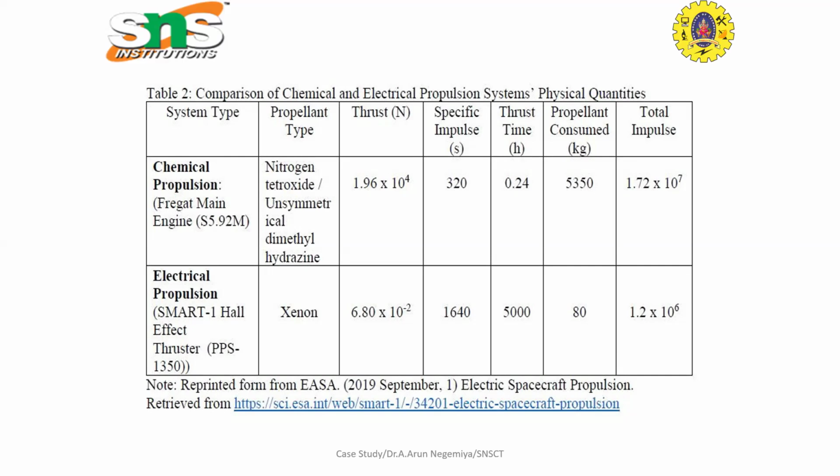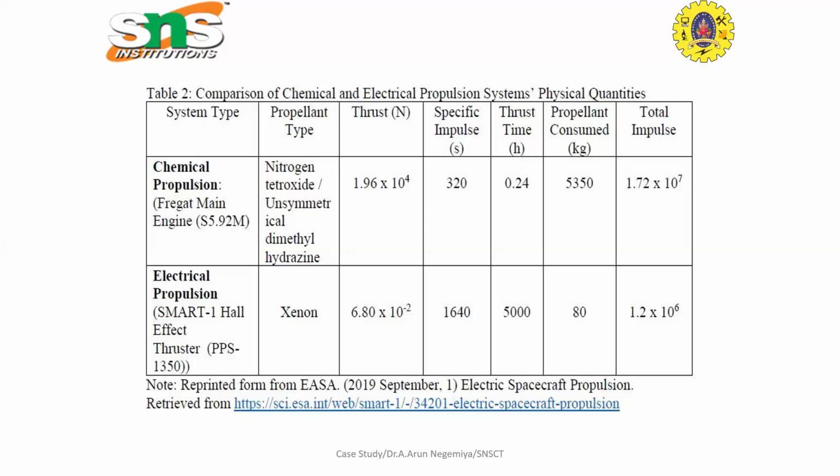These are the gases utilized for chemical propulsion. For the electrical propulsion system, they use batteries only, like xenon battery, lithium ion battery, helium neon battery. These are the batteries utilized for electrical propulsion.